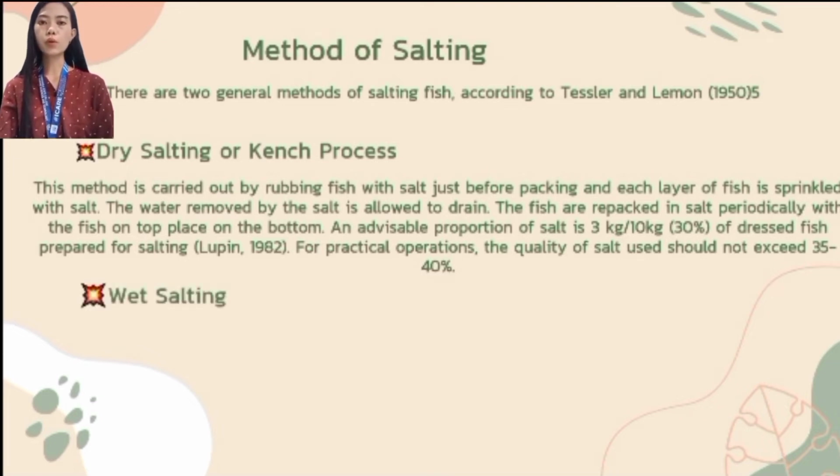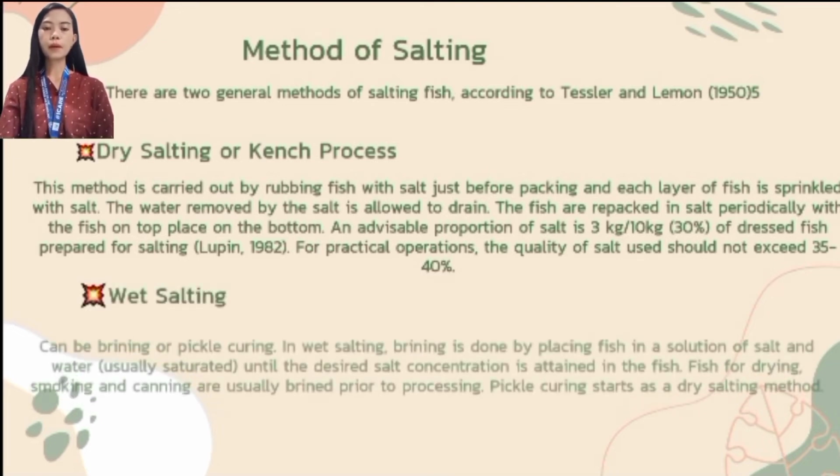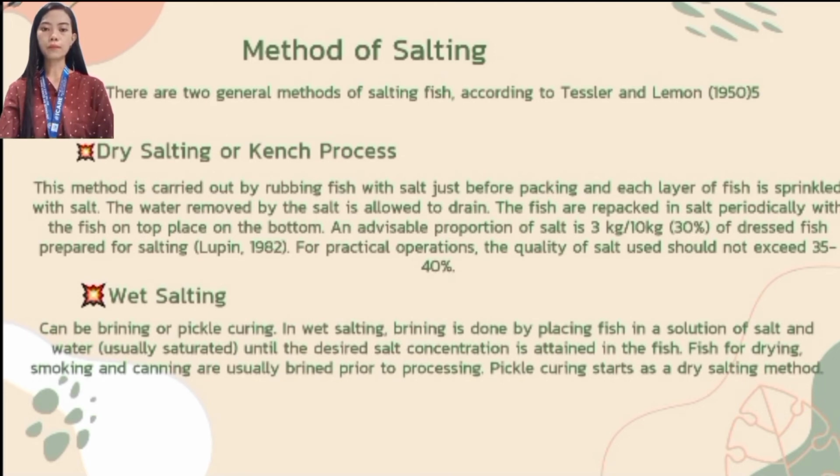The second one is wet salting. It can be brining or pickle curing. In wet salting, brining is done by placing fish in a solution of salt and water, usually saturated, until the desired salt concentration is attained in the fish. Fish for drying, smoking, and canning are usually brined prior to processing.